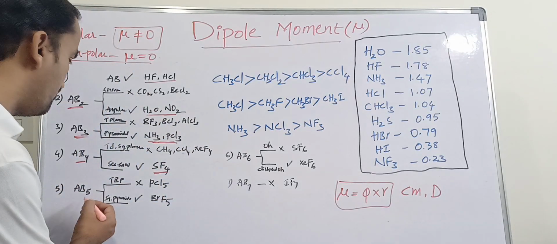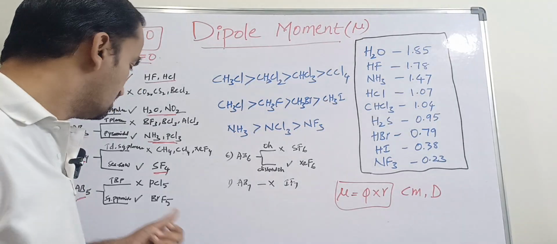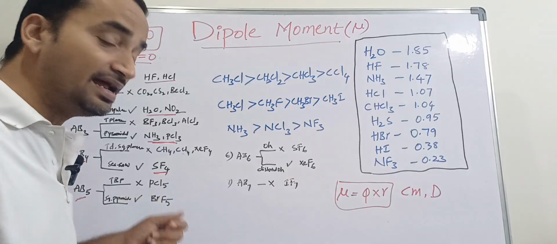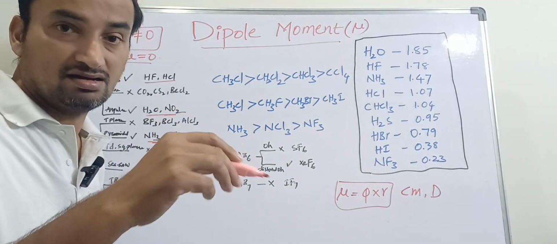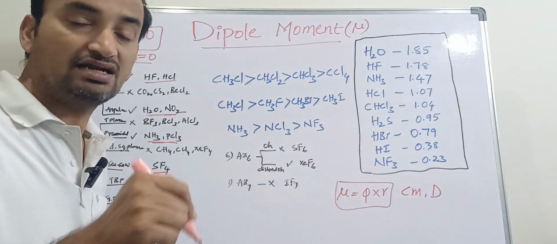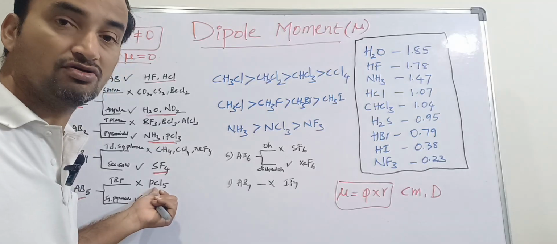Now AB5, again in AB5 also we'll find two types of molecules. One is trigonal bipyramidal, another one is square pyramidal. In the trigonal bipyramidal, what happens is the equatorial and axial positions get cancelled, so the net effect will be 0. Hence in the case of PCl5, mu equal to 0.